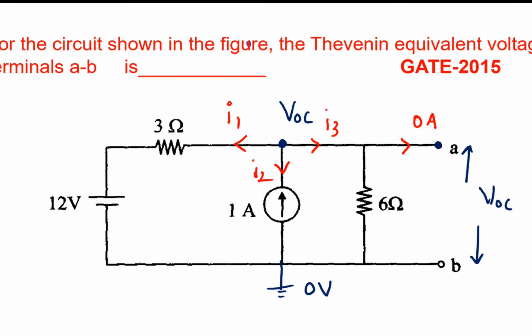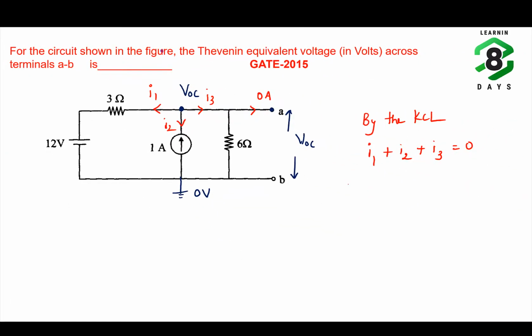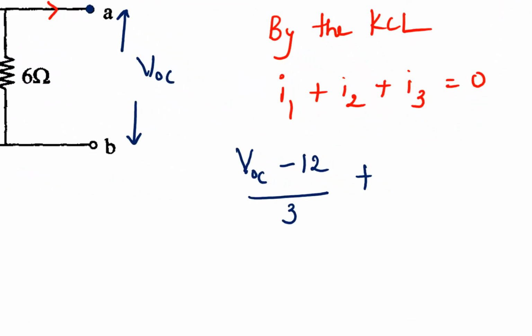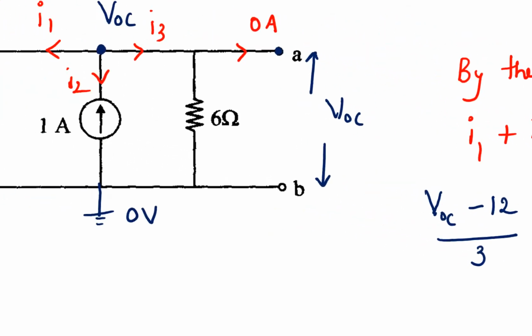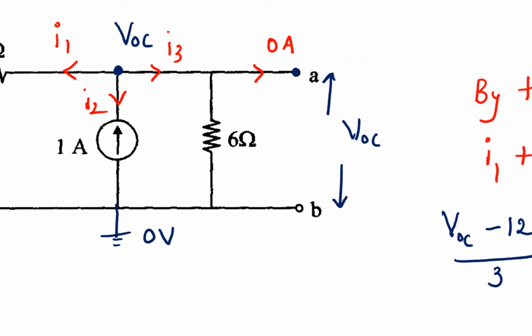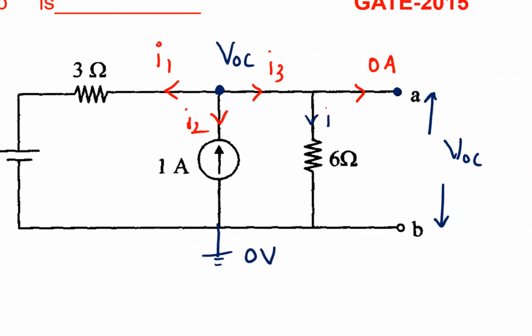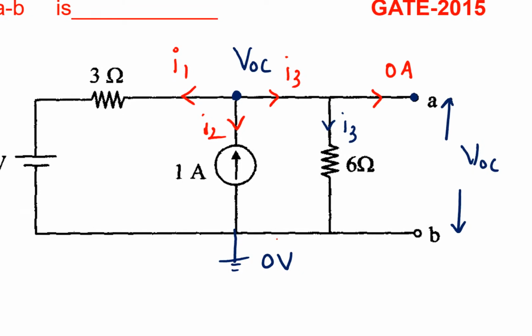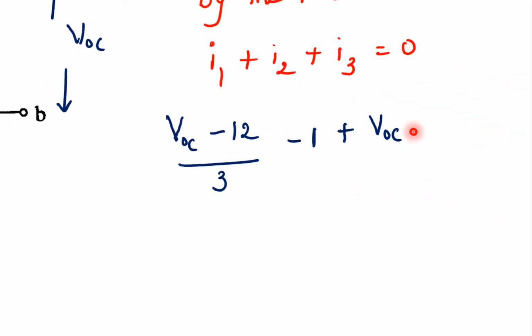By KCL we have I1 plus I2 plus I3 equals 0. What is the value of I1? It is (VOC minus 12) divided by 3, plus I2, which is, in the opposite direction, 1 ampere current flowing, so minus 1, plus I3, this total current flows through the 6 ohm resistor, so VOC divided by 6, equals 0.